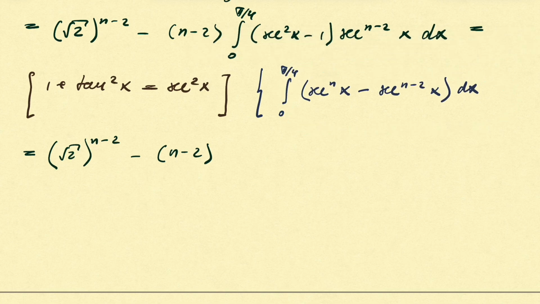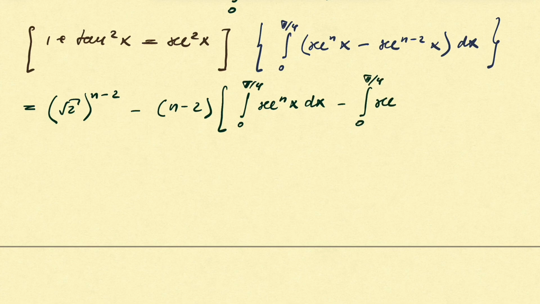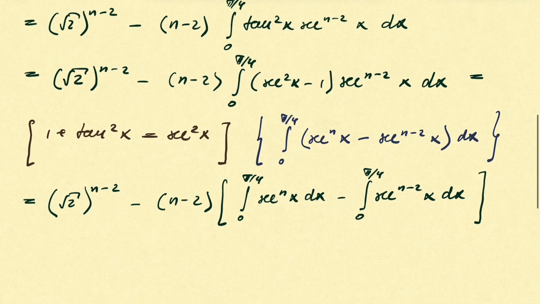What we can do with this expression is separate it and write it as the difference of two integrals. We have the integral from 0 to pi over 4 of secant to the n of x dx minus the integral from 0 to pi over 4 of secant to the n minus 2 of x dx, right? Nothing special that I did.